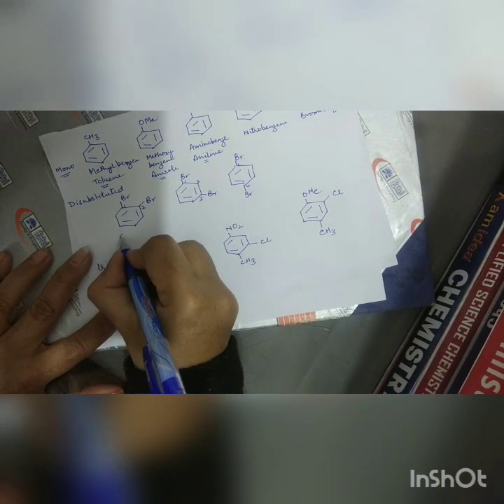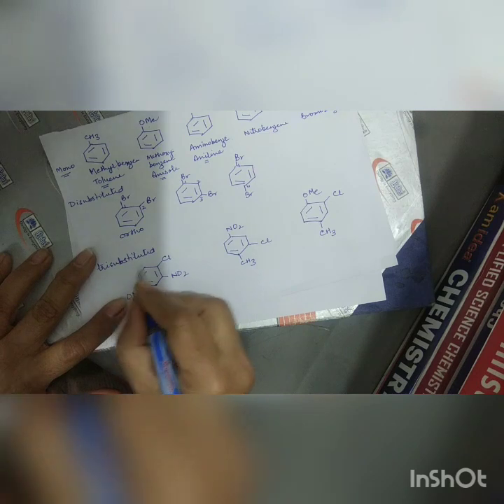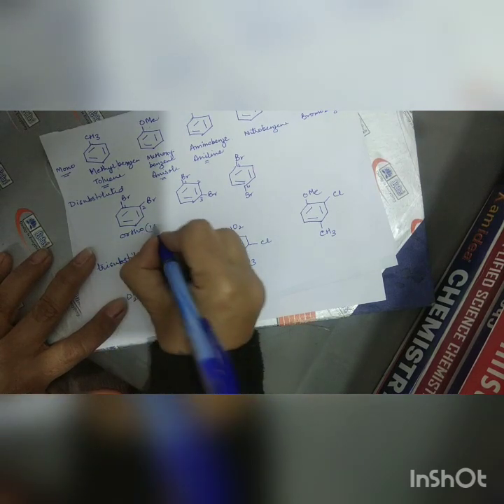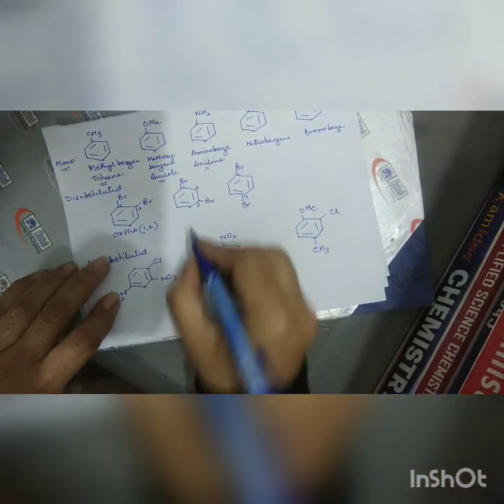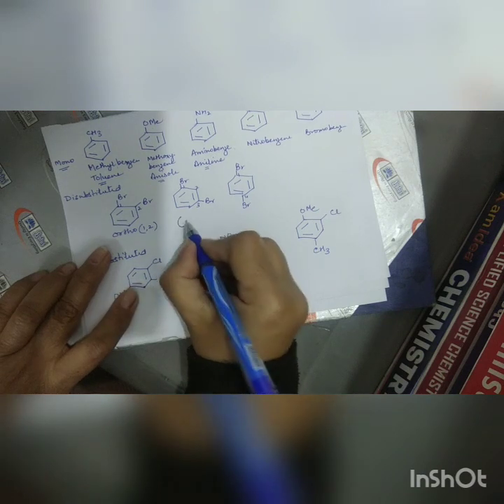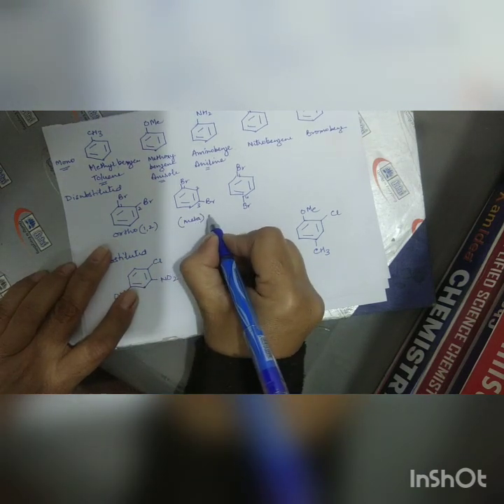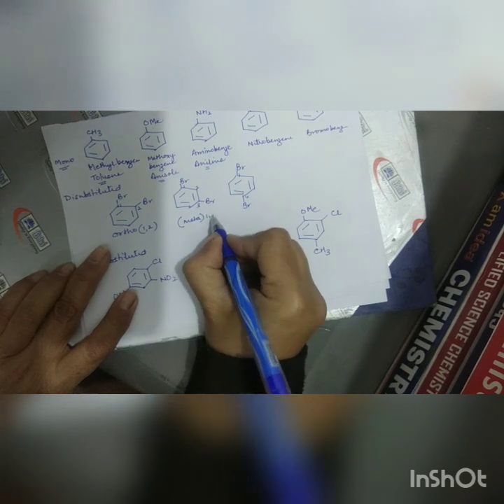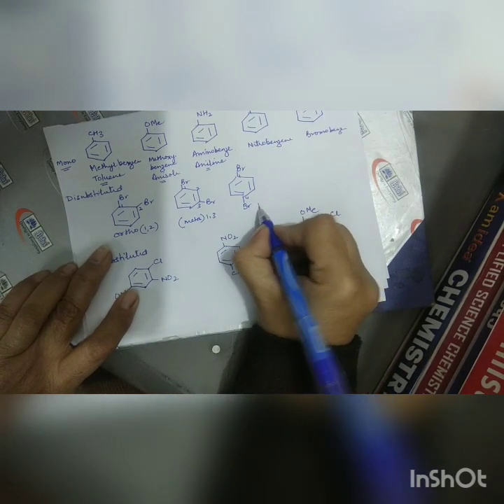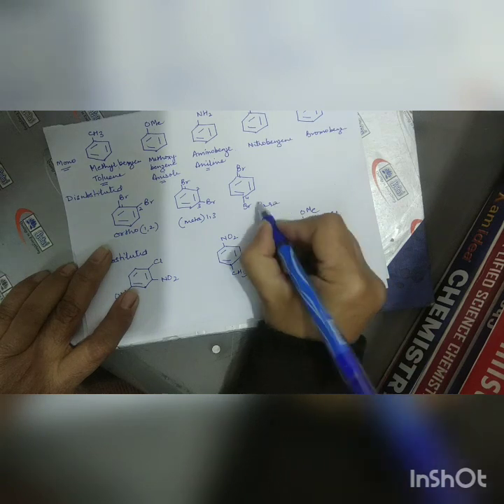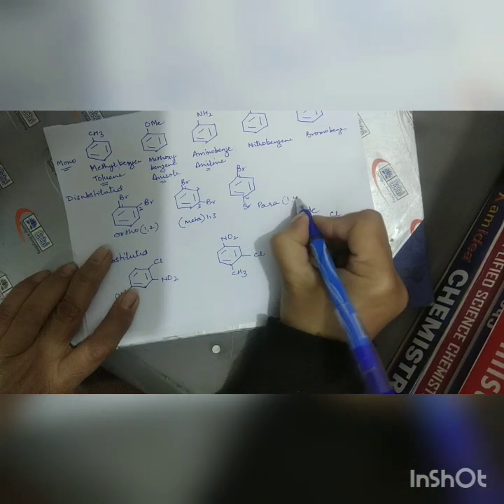This is known as ortho. That is, 1,2 substitution is called ortho. This 1,3 substitution is called meta. And this is para, 1,4 substitution.